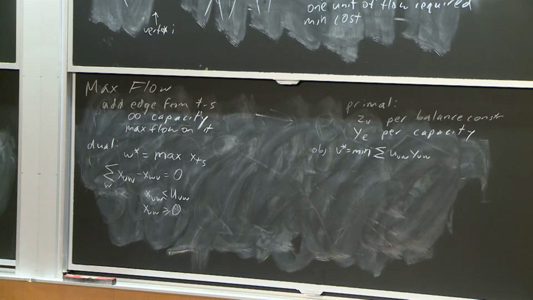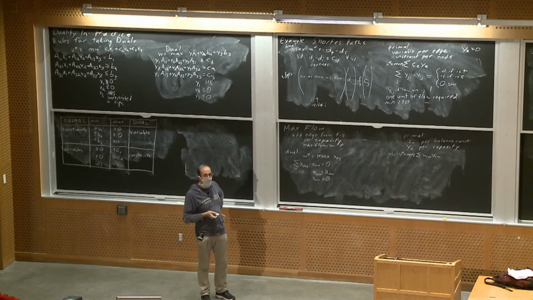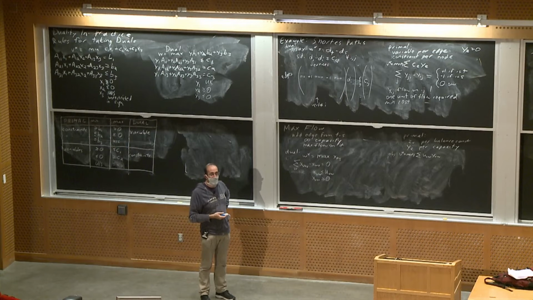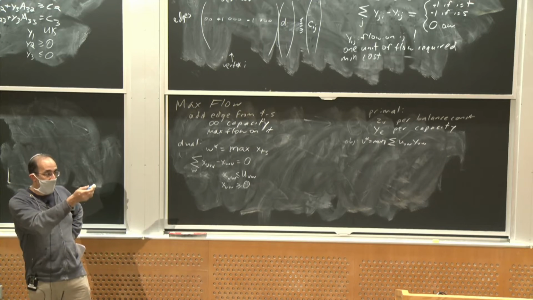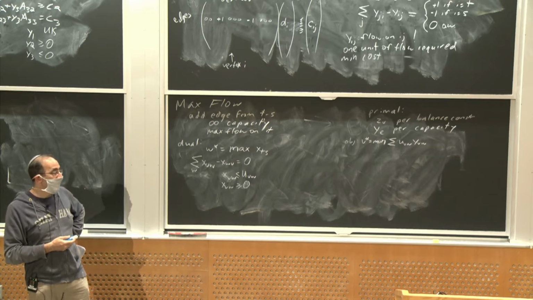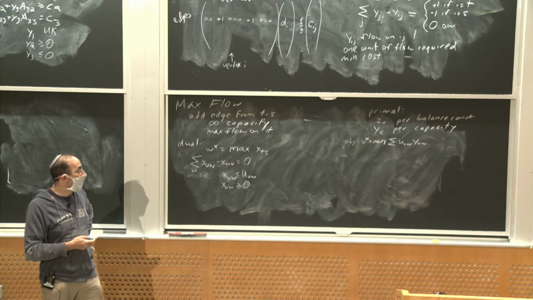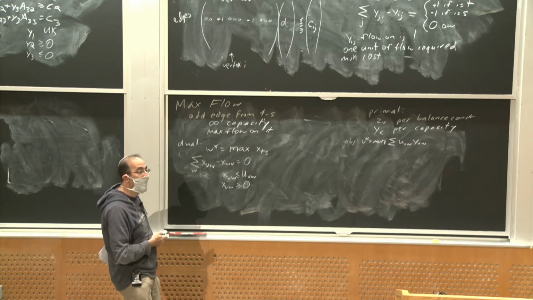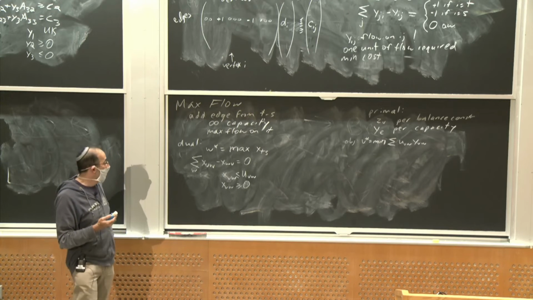Now, we can also say, relatively straightforwardly, what kinds of variables we have. Are the ZVs and YEs, what sort of sign constraints do they have? YEs are greater than or equal to 0.